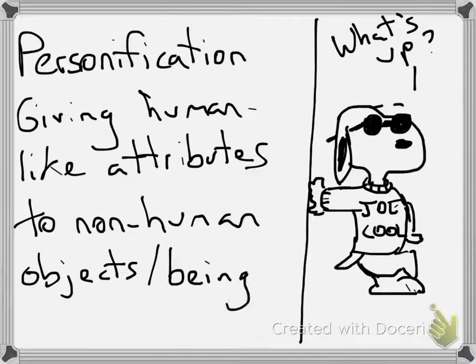So a good example here is the personification of Snoopy. Snoopy is a dog, but the way he's described, he's personified. He acts like a human sometimes. So it's just giving anything human-like traits, whether it's emotions that these creatures or inanimate objects never experience, or making them talk. Very simple stuff. We'll look over this again in class.